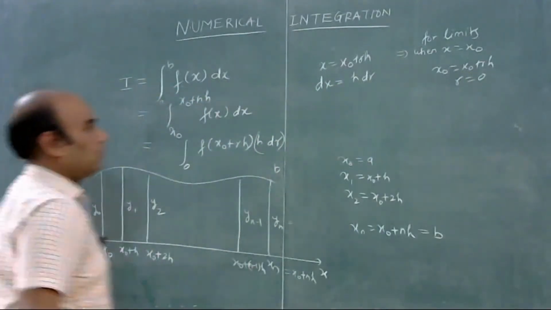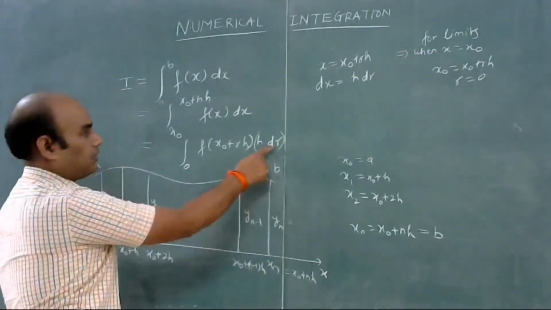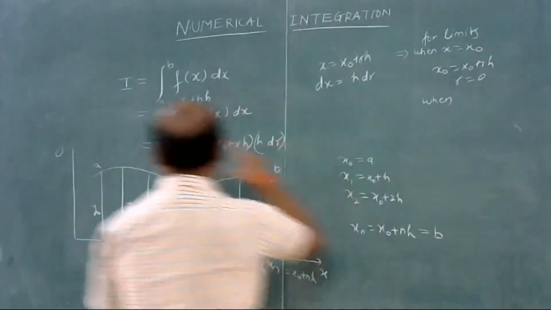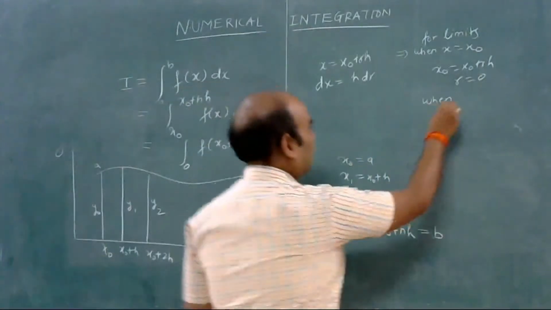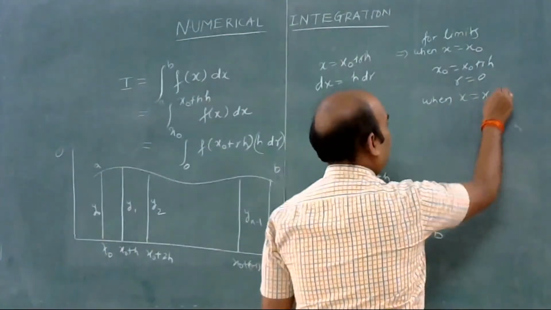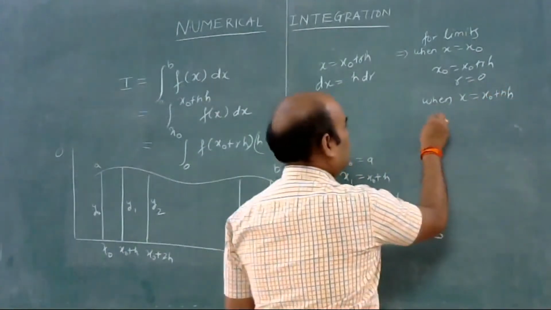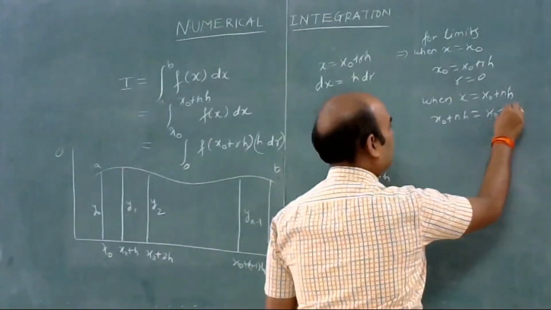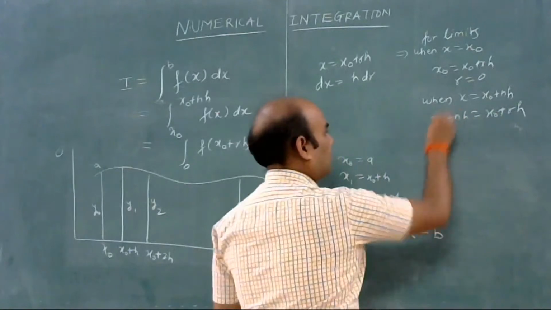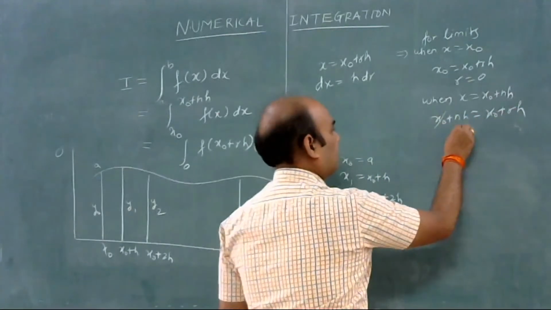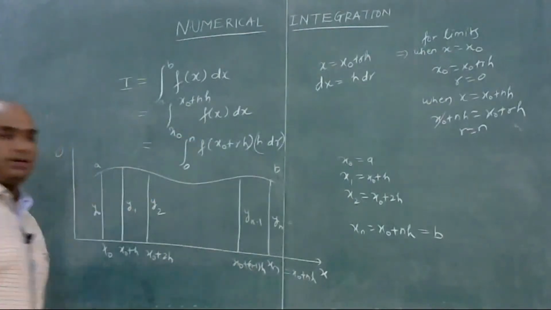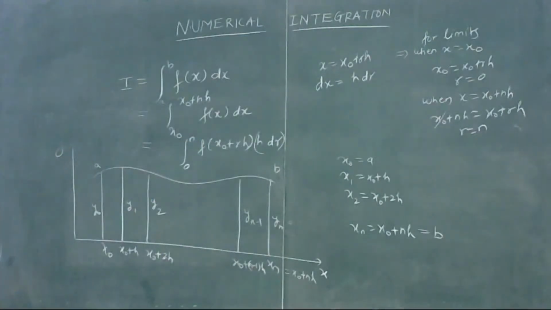And when x is equal to x naught plus n into h, x naught plus n into h is equal to x naught plus r into h. X naught cancels out, h's cancel, r is equal to n. So this will be from 0 to n. Okay, so the limit will change, it will be from 0 to n.